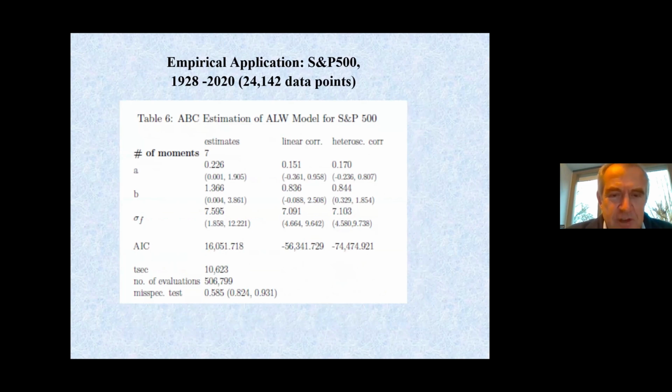You can work with models that have incomplete information on the time series underlying. I have an empirical application here to the S&P 500 over its whole lifetime, almost from 1928 to 2020, which of course is heroic. What you find is that, of course, you get some estimates.